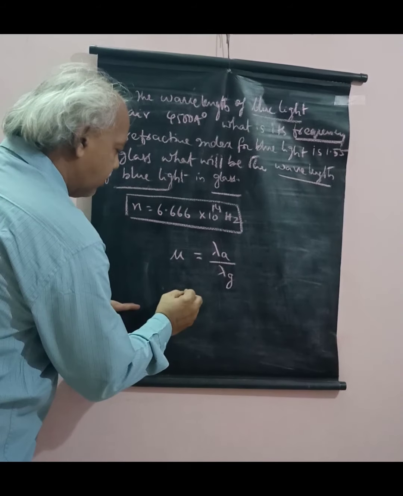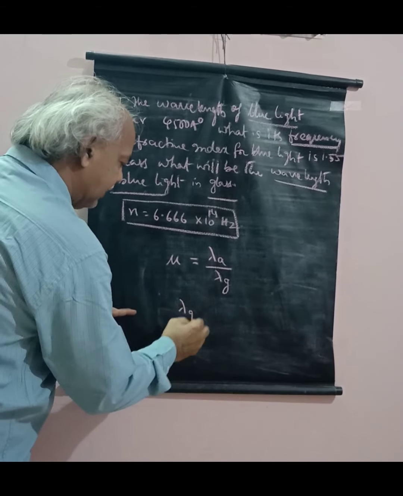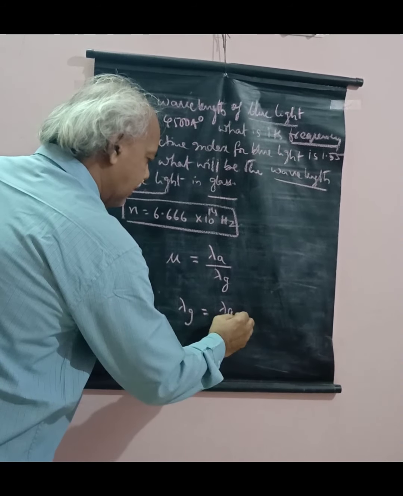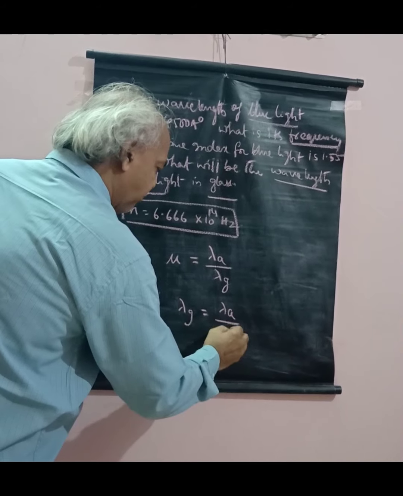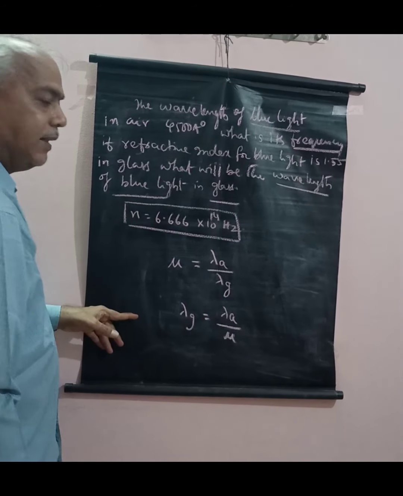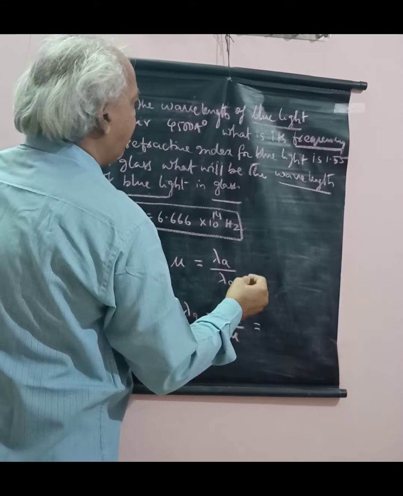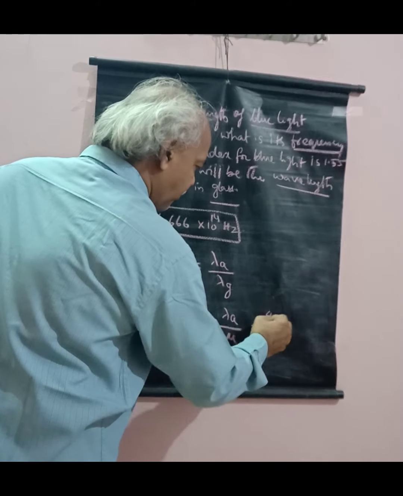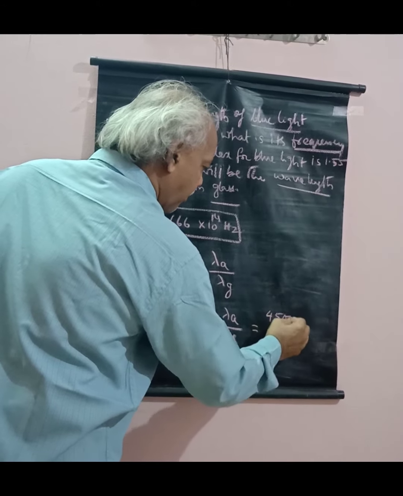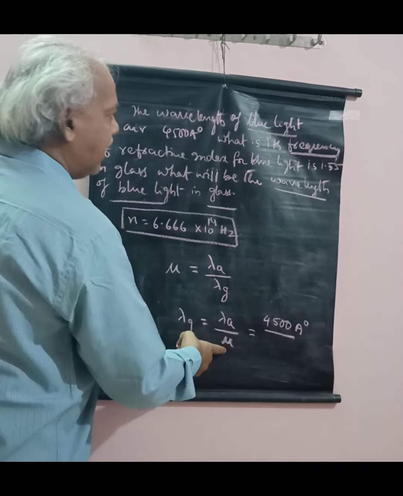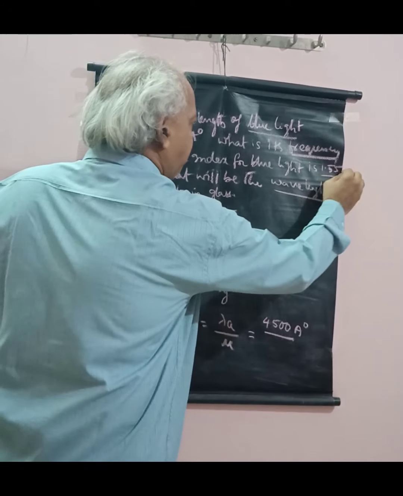So the wavelength of light in glass is equal to the wavelength of light in air divided by the refractive index of blue light in glass. So the wavelength is 4500 angstroms divided by 1.55.